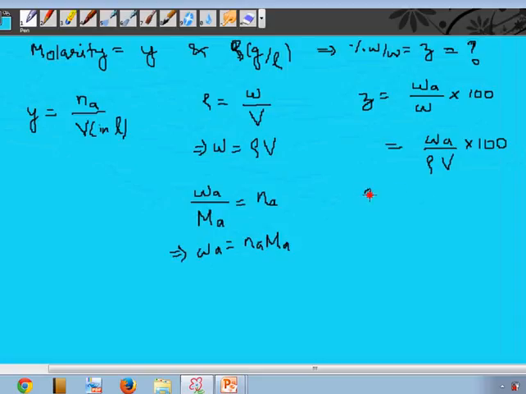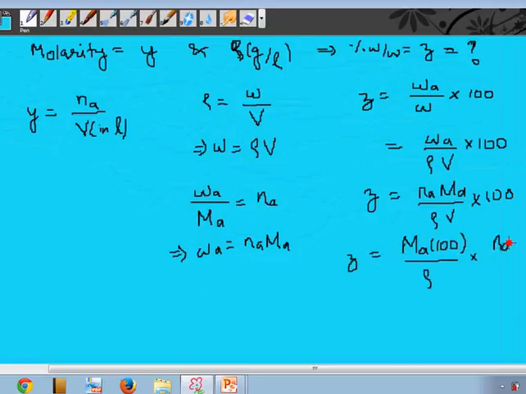So from here what I get is Z is equal to Na multiplied with Ma divided by rho V into 100. Alright, so if we just manipulate it a bit, Z is equal to Ma into 100 divided by rho multiplied with Na by V. I simply separated this Na from numerator and V from denominator here.